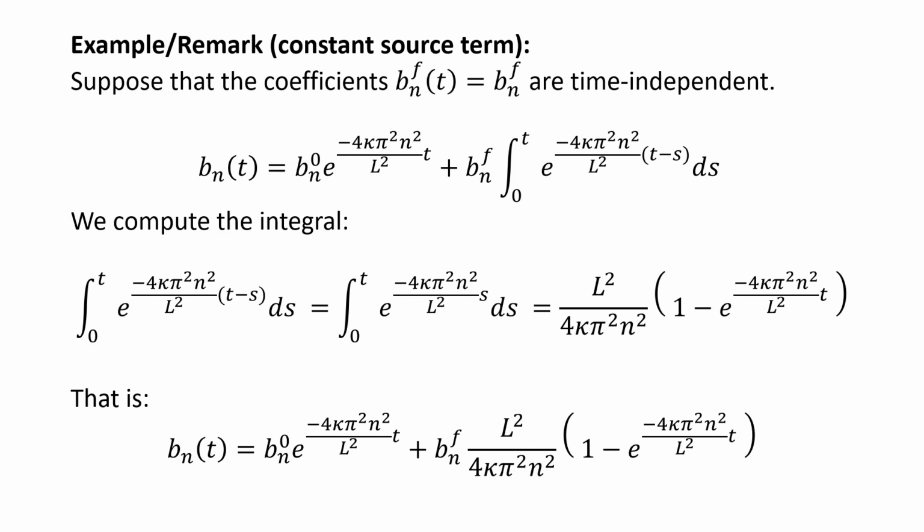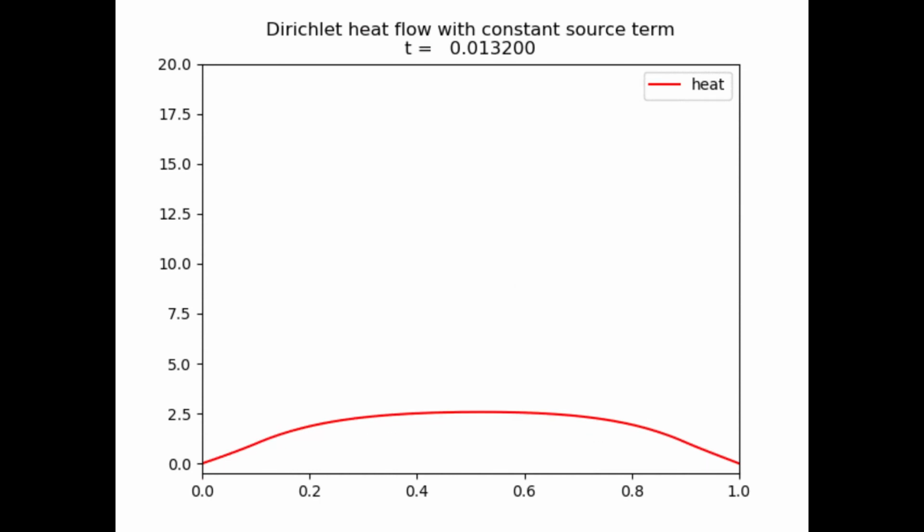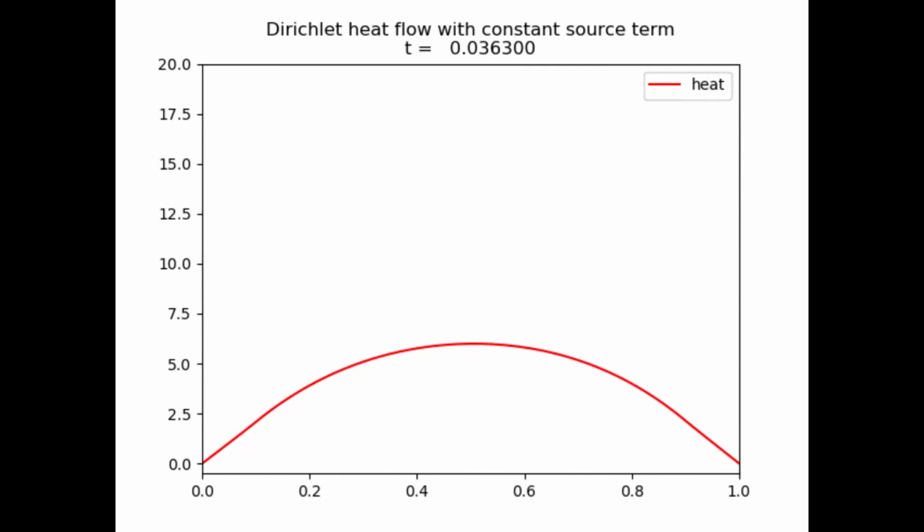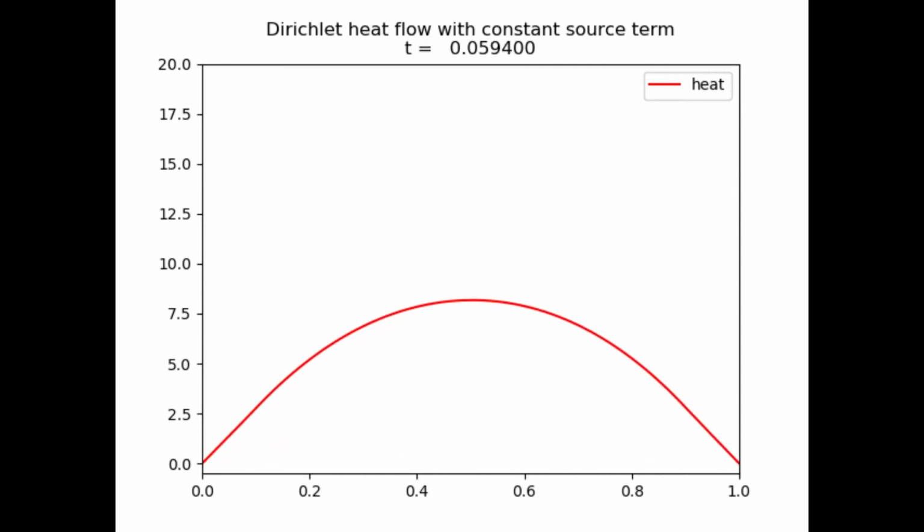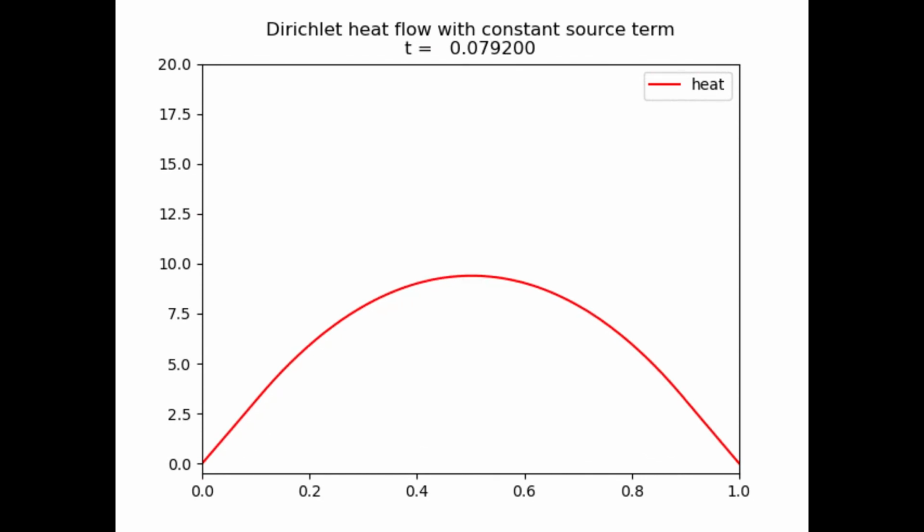So the limit of b_n(t) as t goes to infinity is b_fn times L²/(4κπ²n²). That finishes our discussion of how to solve the heat equation with Fourier series. As a coda to this video, let's take a look how, in the long run, an initial heat distribution converges to a steady state.